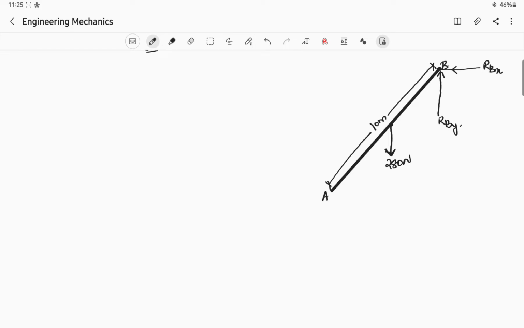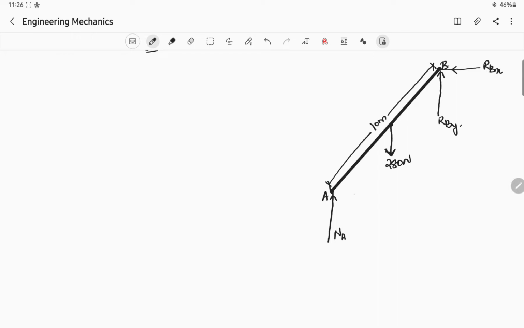So the next thing is, since it is fixed here, resting on the block, we'll be having a normal reaction Na at point A. Because of the weight, the bar AB will try to move in which direction?